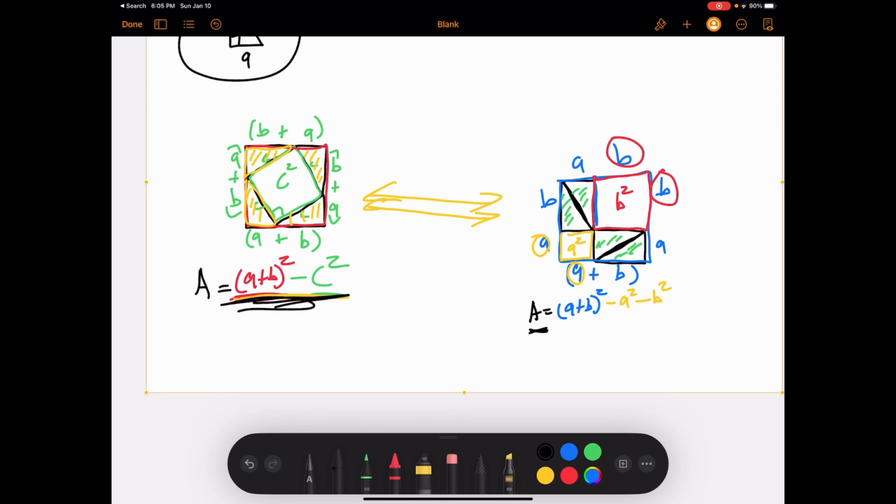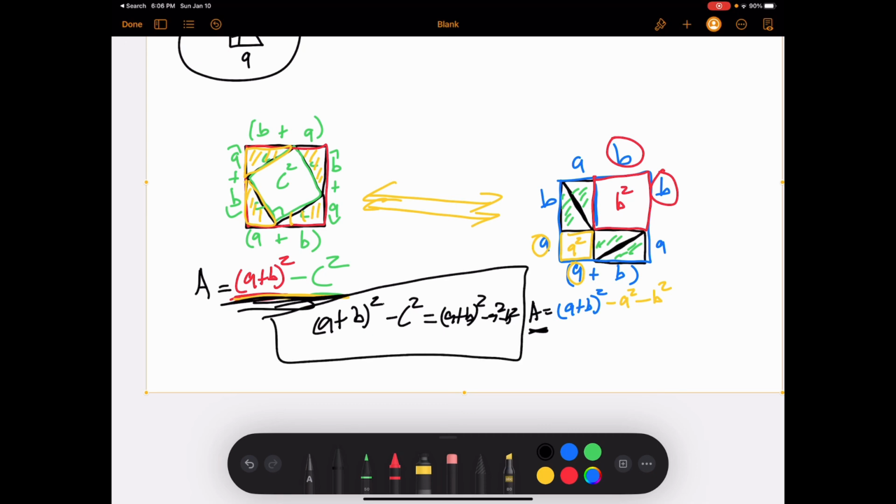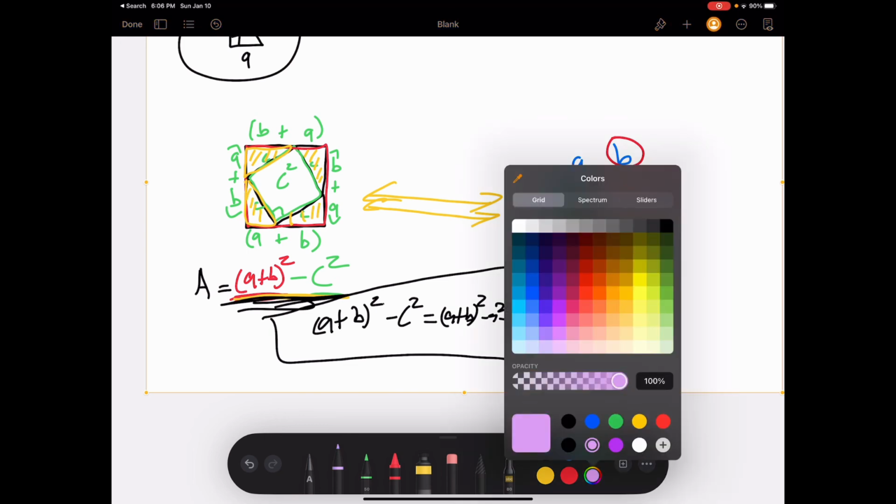And I can say that we have (A plus B) squared minus C squared is equal to (A plus B) squared minus A squared minus B squared. And let's just section this off to make it a little easier to look at. Section it off in purple.